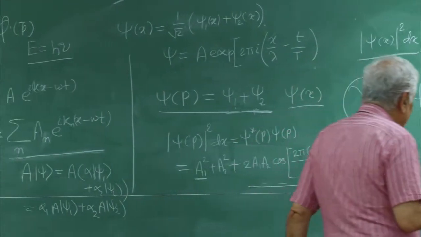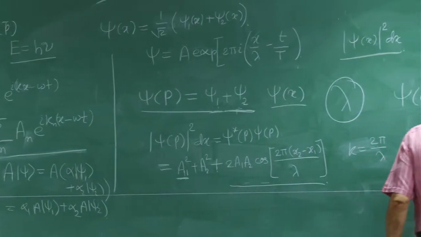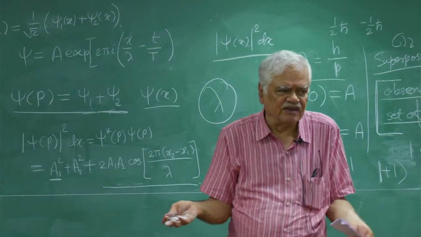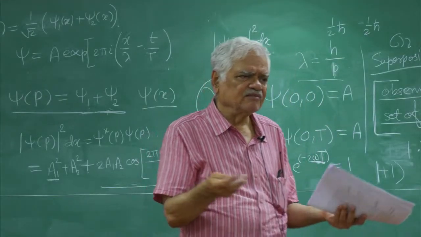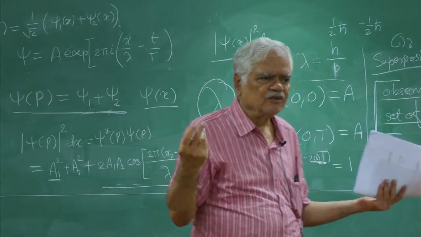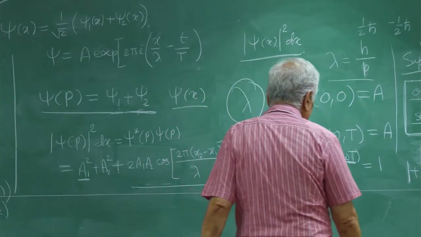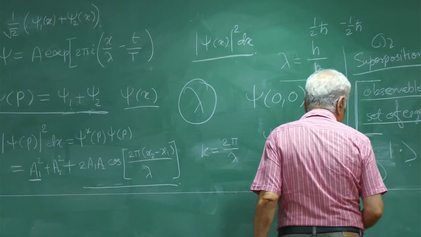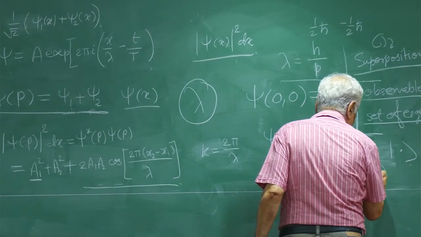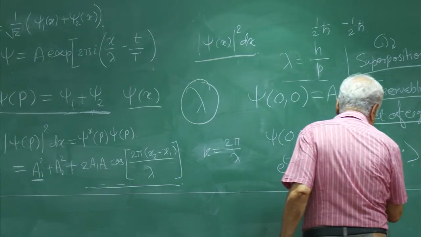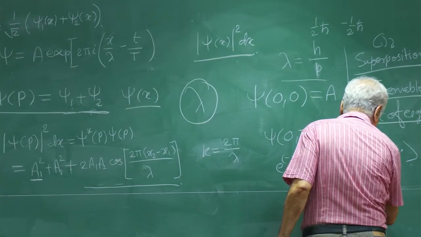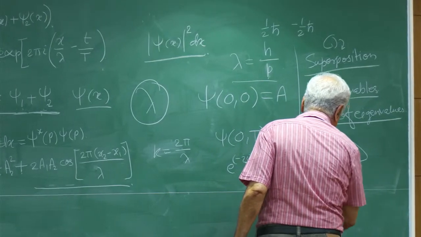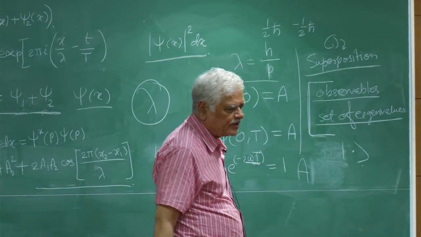All these eigenvalues are real because these are the values of a physical quantity like energy, momentum, position, whatever that is. So I need the operator which embodies the result of measurement, not the action of measurement, but the result of measurement.